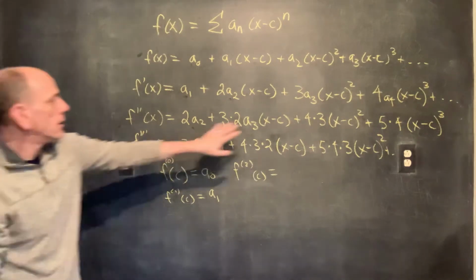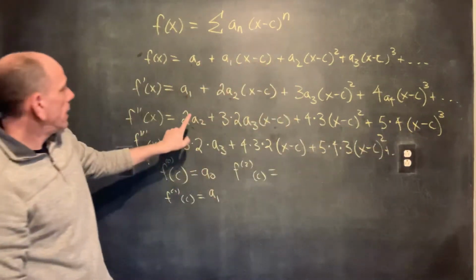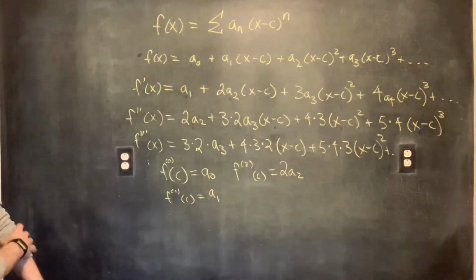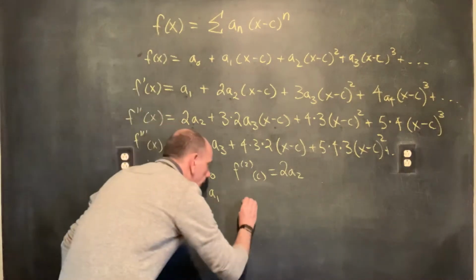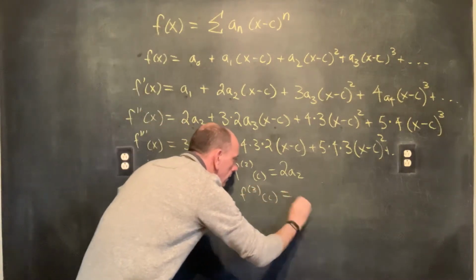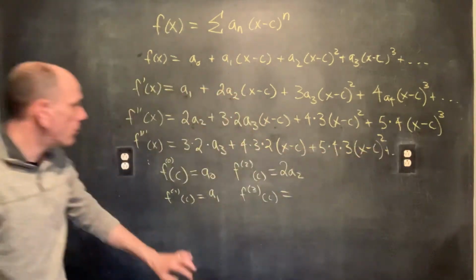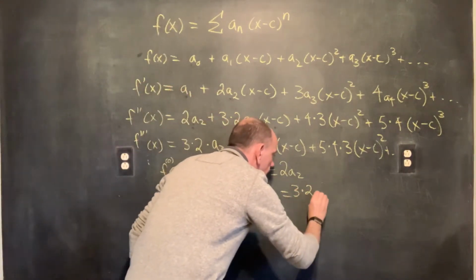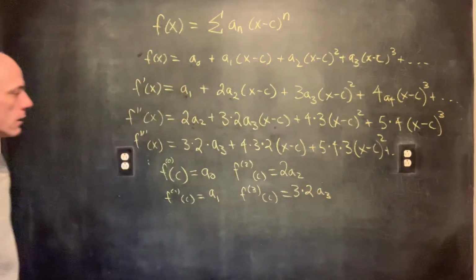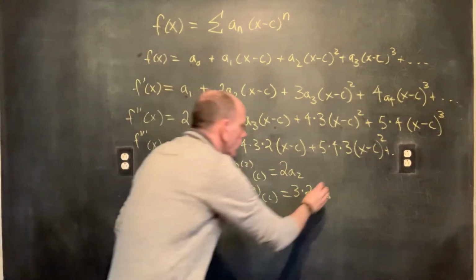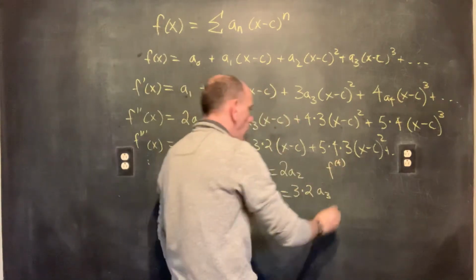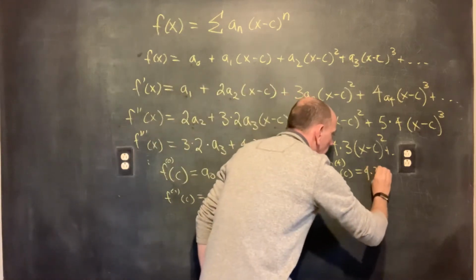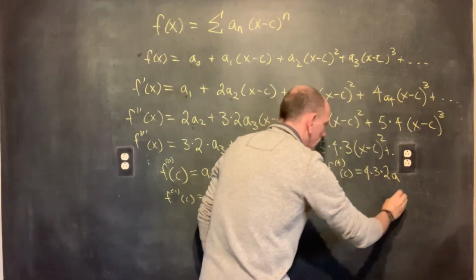This is all going to go, and I'm going to get 2a2. Third derivative, evaluated at the center. All this stuff zeroes out forevermore, and I'm going to get 3 times 2 times 1 times a3. Okay, and then on the next one, you can see what the pattern is now. The fourth derivative, evaluated at the center, is going to be 4 times 3 times 2 times a4.